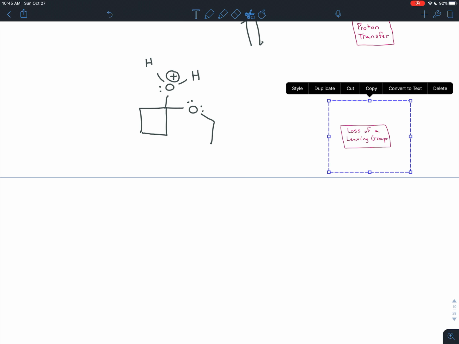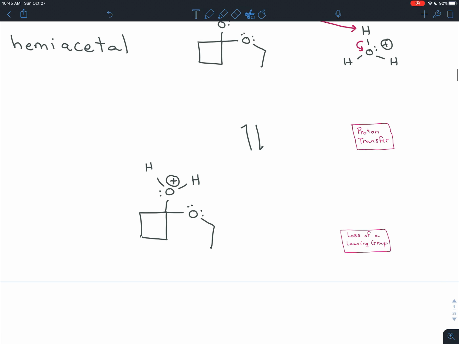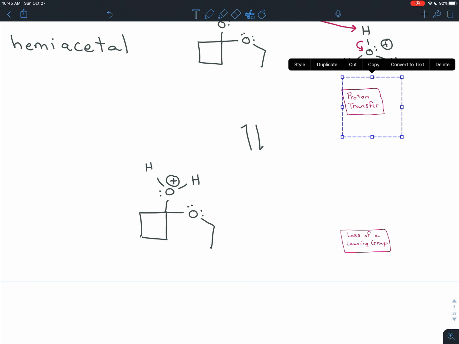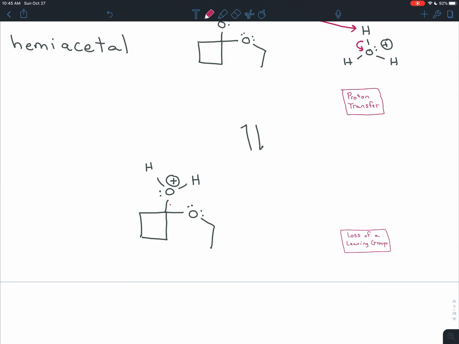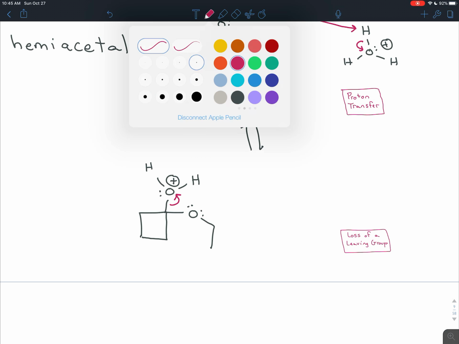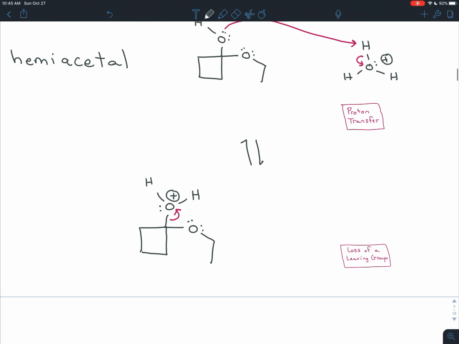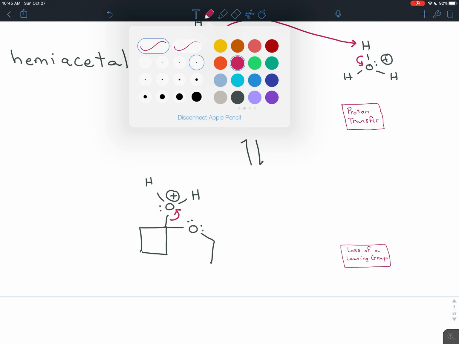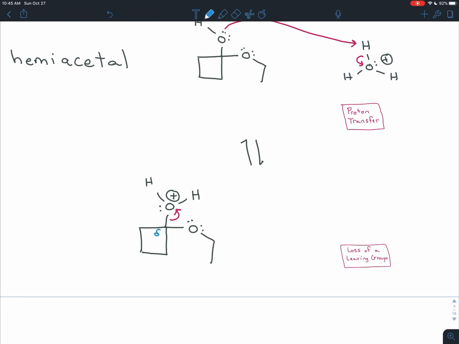So we can have loss of a leaving group now, because if this, basically water, takes these electrons and goes, it ends up as a very stable molecule. Now it's not just going to take those electrons, it needs a little push. This whole time, this carbon here, that used to be the carbonyl carbon, is slightly positive. It's bonded to 2 oxygens. The whole time, these lone pairs have been wanting to form a new bond there.